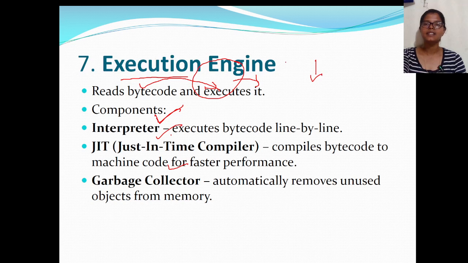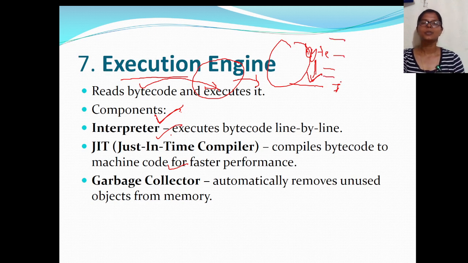That bytecode which is converted by the compiler will be executed line by line by the interpreter. That's why the interpreter is slow compared with the compiler, because the compiler checks the whole program, but the interpreter checks line by line.